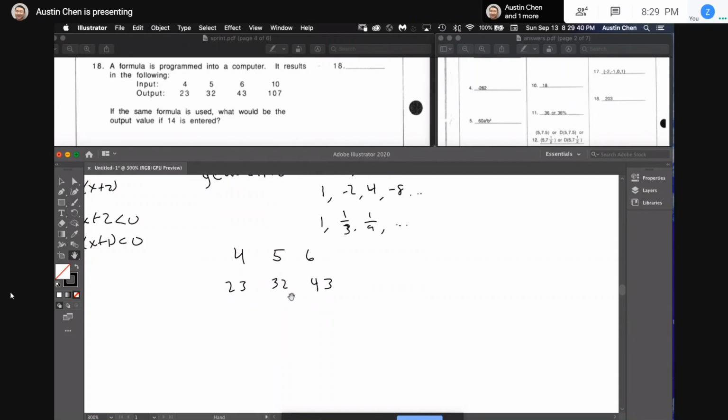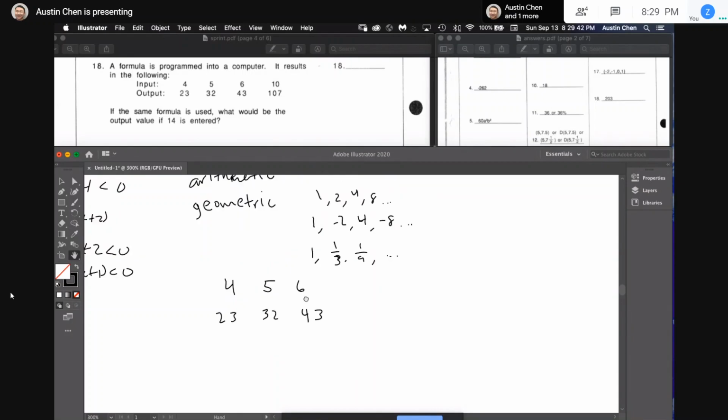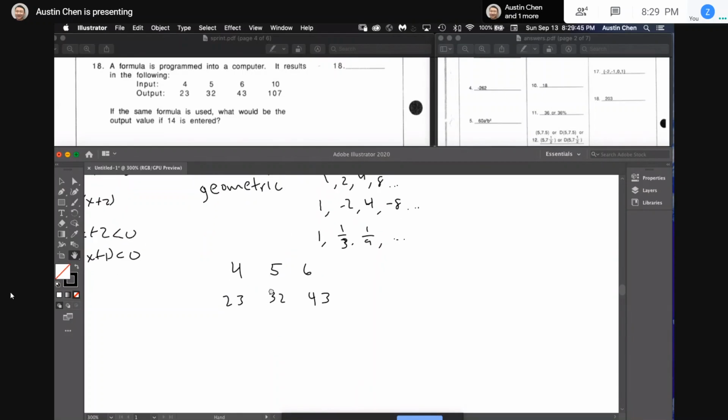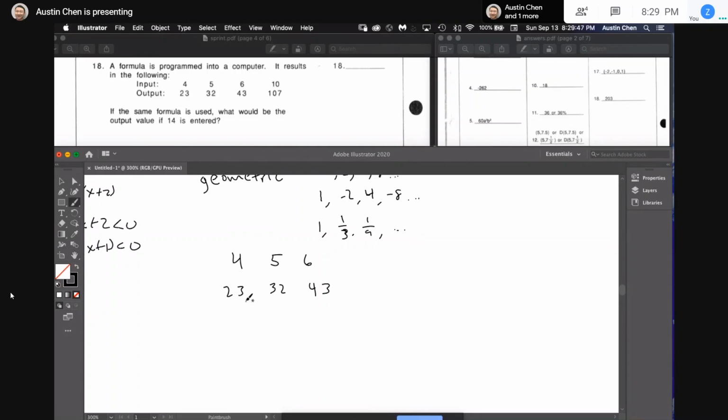So let's check if it has an arithmetic progression. From 23 to 32, you're adding 9, and 32 to 43, you're adding 11 now, right?